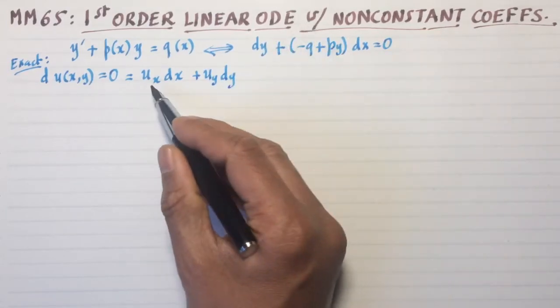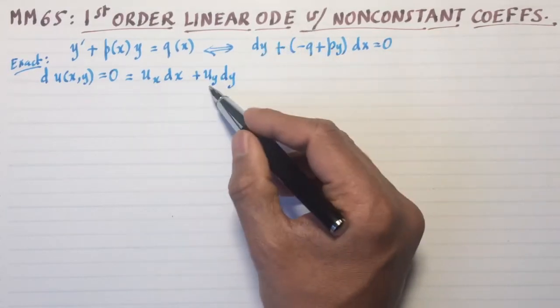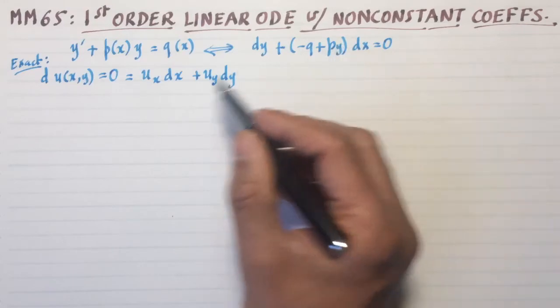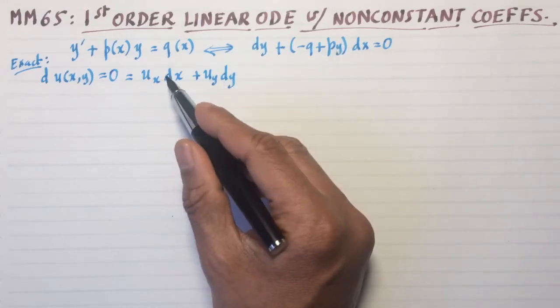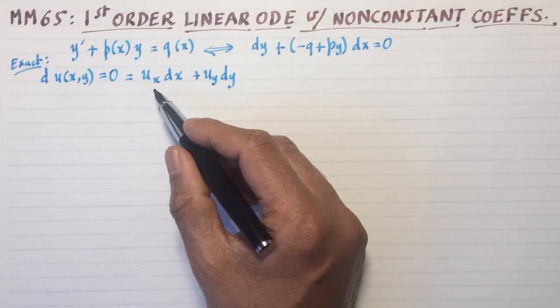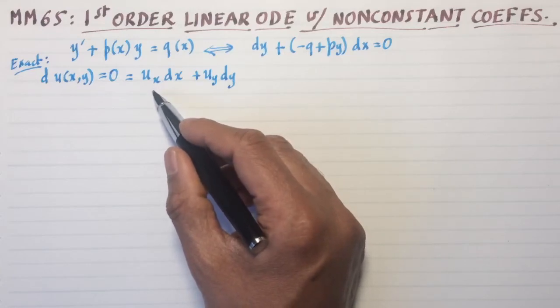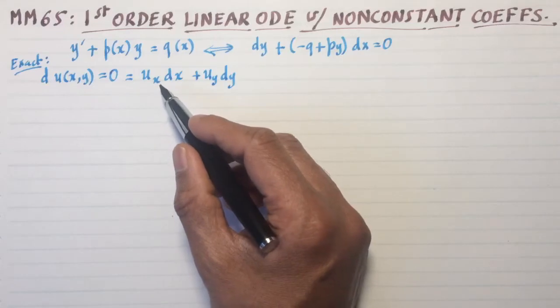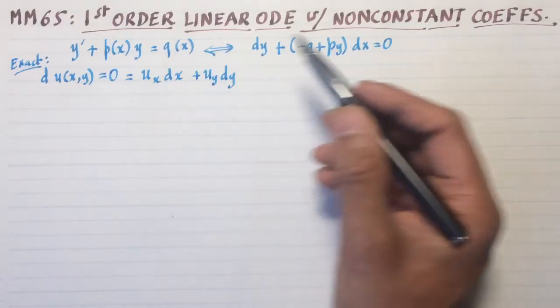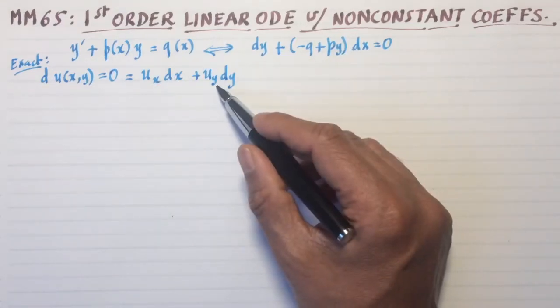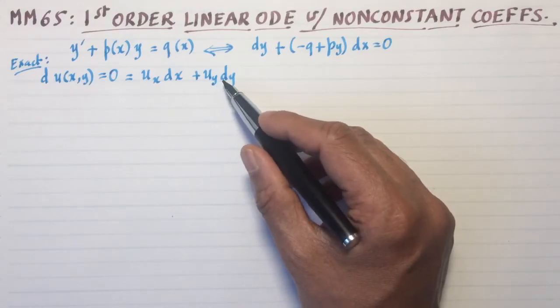And then I can identify ux with whatever you have there and uy with whatever you have here. But exactness requires that ux and uy satisfy what's known as the condition of exactness.